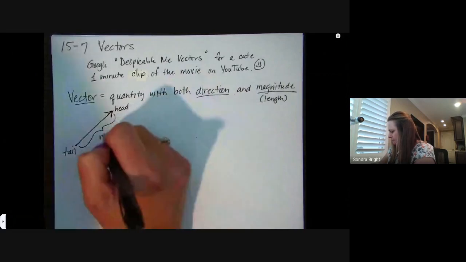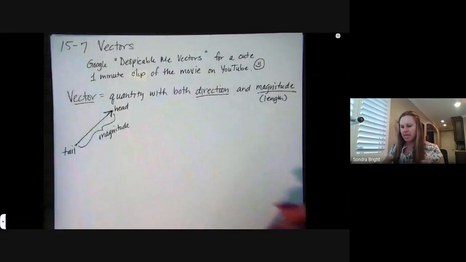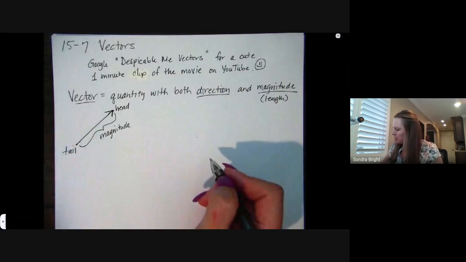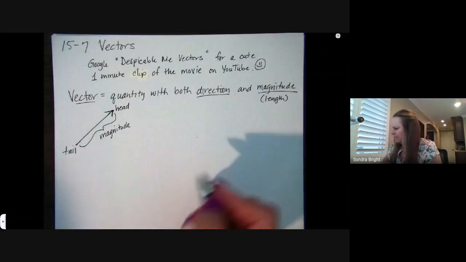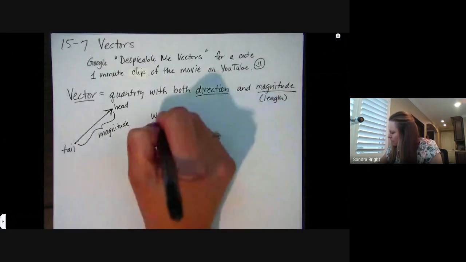All right. And so when you write it, your book may use bold lettering to represent a vector. But when you're writing it on paper, you can't write a bold letter. And so what you're going to do is you'll write an arrow over the variable.